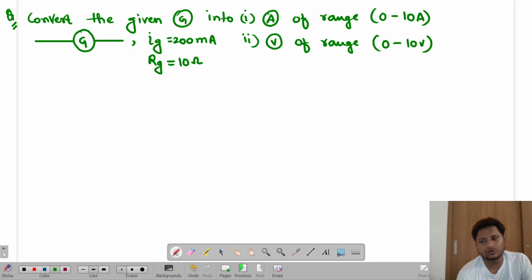So basically, if I want to convert, I need to either add a resistance or include a shunt, isn't it? So in the first question, if I want to create an ammeter, I need the shunt or not? So find the shunt. Yes. So first question they're asking about shunt.